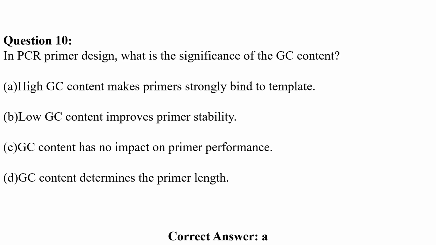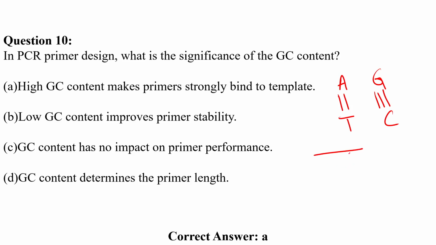So I have explained in the first question itself that we have 4 bases, right? Adenine, thymine, guanine and cytosine. I have explained that adenine and thymine make 2 hydrogen bonds, whereas guanine and cytosine make 3 hydrogen bonds. Because of these 3 hydrogen bonds, 1 hydrogen bond extra as compared to AT, higher GC content means we will have a stronger binding.